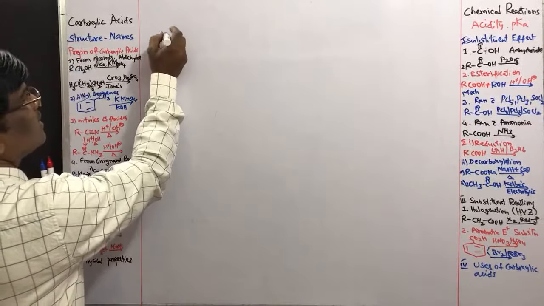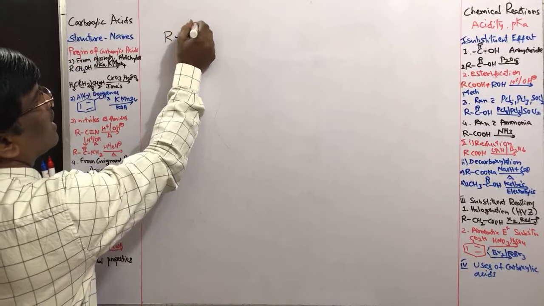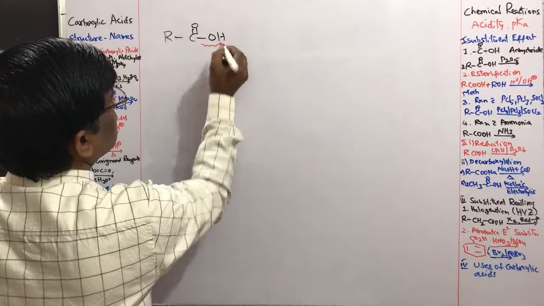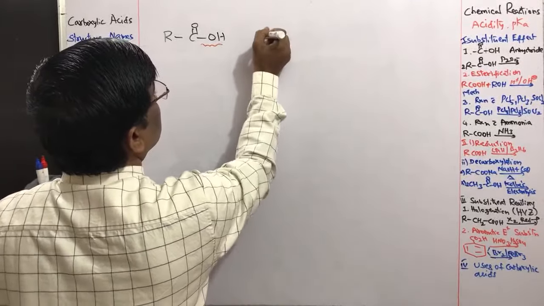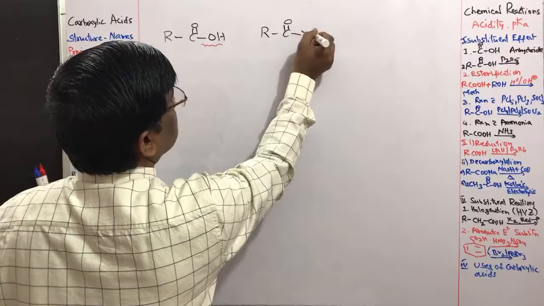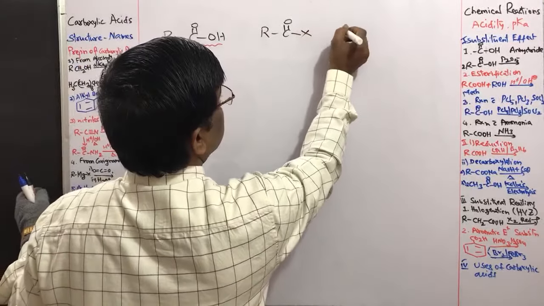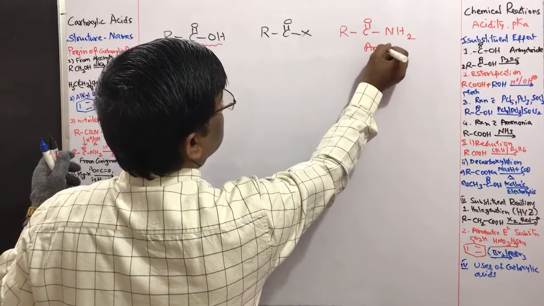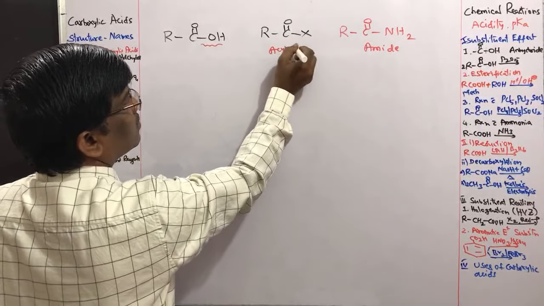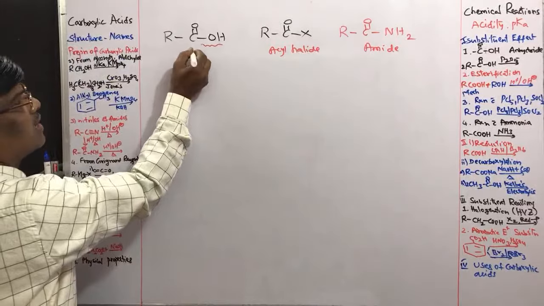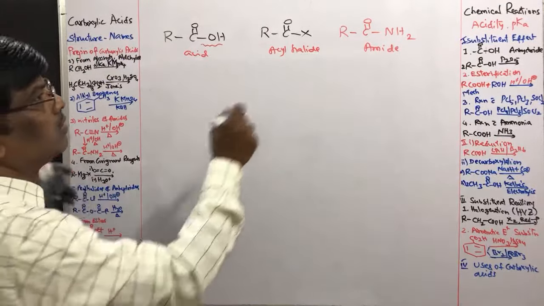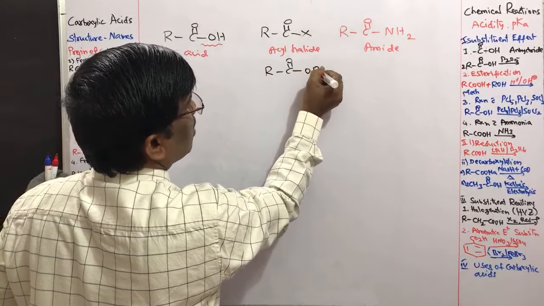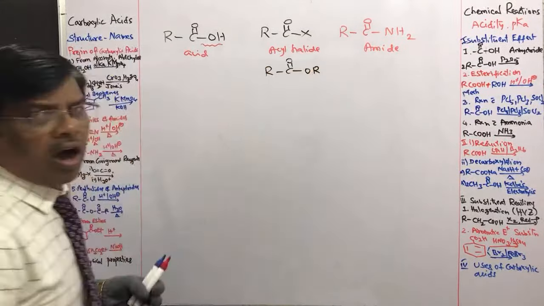So the common carboxylic acid derivatives we come across: this is the carboxylic acid structure, and if the hydroxy group is substituted with a halide, we call it an acyl halide, and if it is substituted with an amino group, we call it an amide. If it is substituted with an OR group, it is known as an ester.